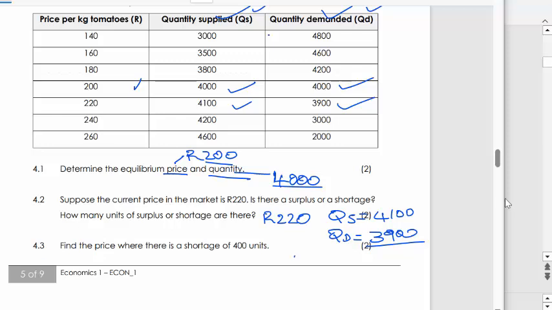So the surplus will be 200. That's the surplus that we are talking about, right? Let's not express it in terms of kgs, but 200 nonetheless.